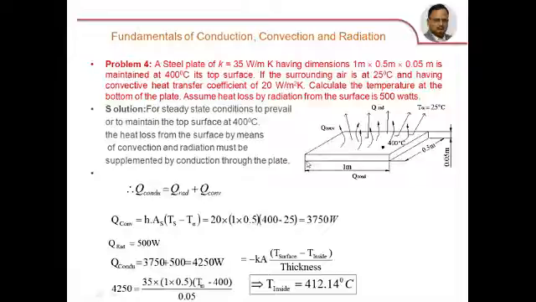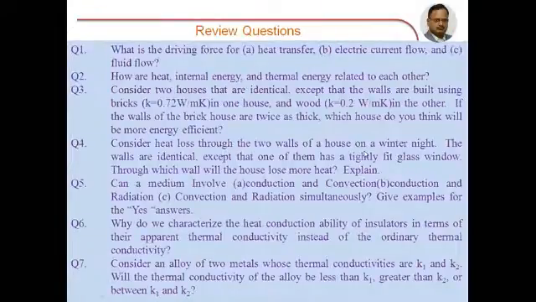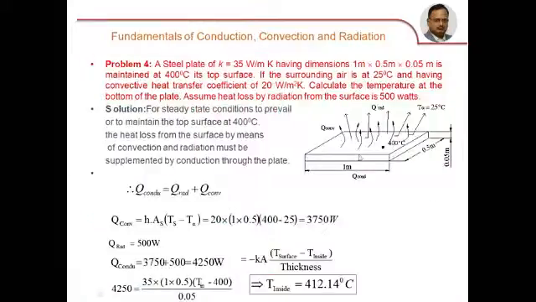Suppose the plate is kept on an induction stove. The moment you switch on that stove, heat starts entering the plate from the bottom surface and reaches the top surface by means of conduction.